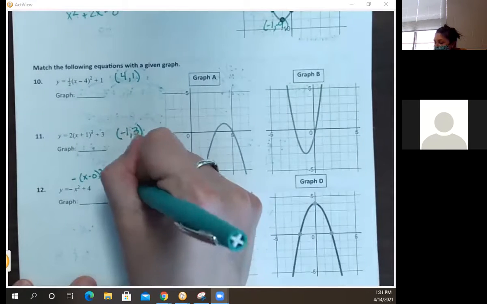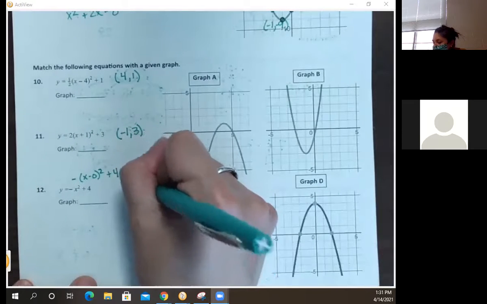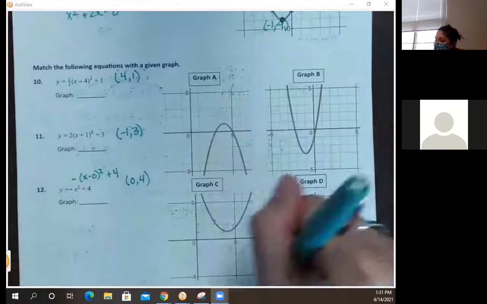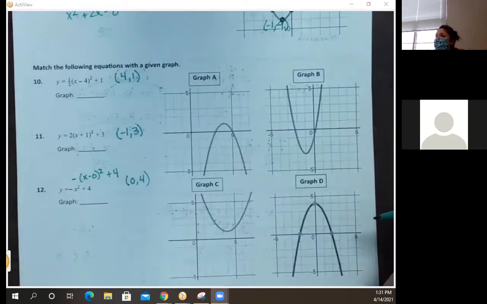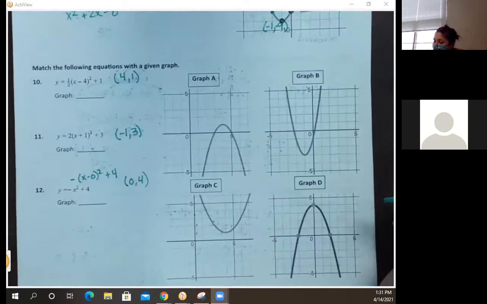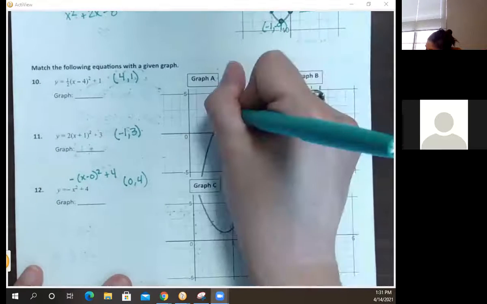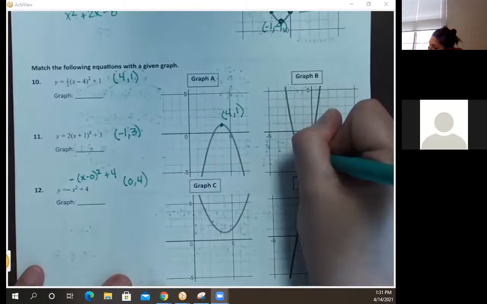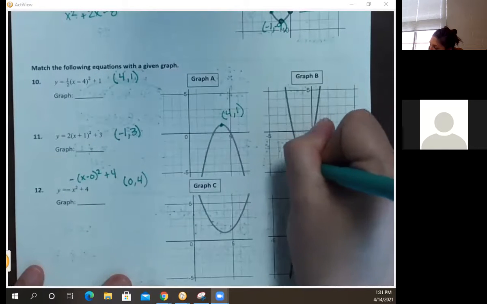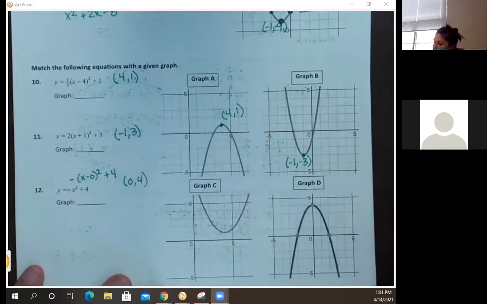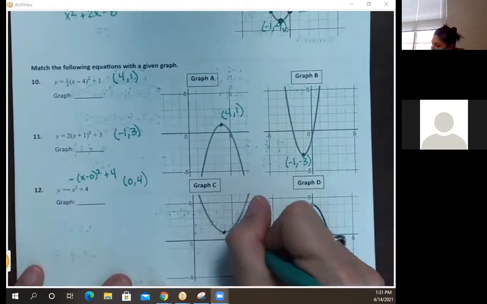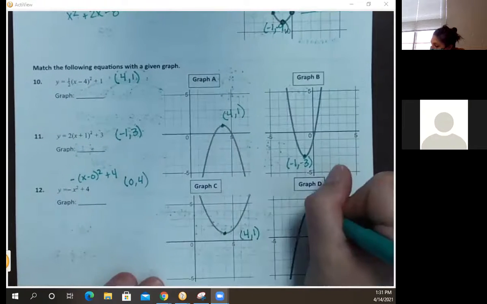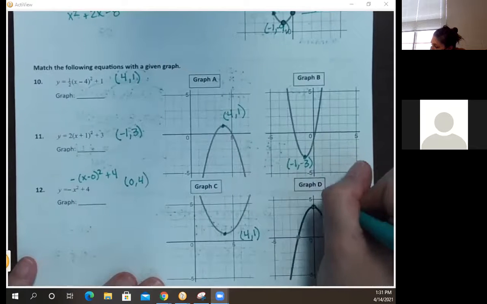So my vertex for 12 would be 0, 4. Now I'm going to identify the vertex on all of my graphs so that I can see if there are any that match. For A, my vertex is at 4, 1. For B, my vertex is at -1, -3. For C, it's at 4, 1. And for D, it's at 0, 4.